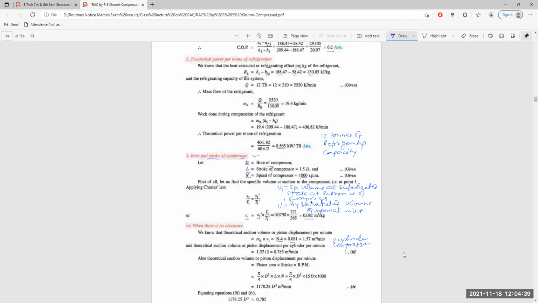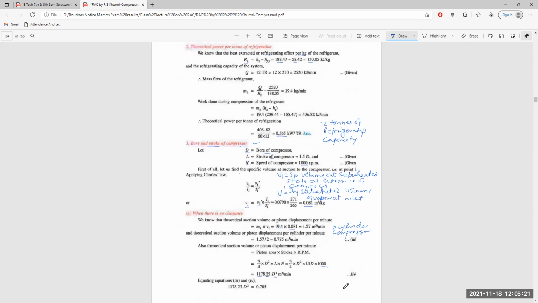So we put the cross-sectional area of the piston as pi by 4 into d square, multiplied by the length, which is 1.5 d, since the stroke length is equal to 1.5 times d, and the RPM of the piston is 1000 RPM. If we make the calculation, we get 1178.25 d cubed cubic meter per minute as the theoretical suction volume.